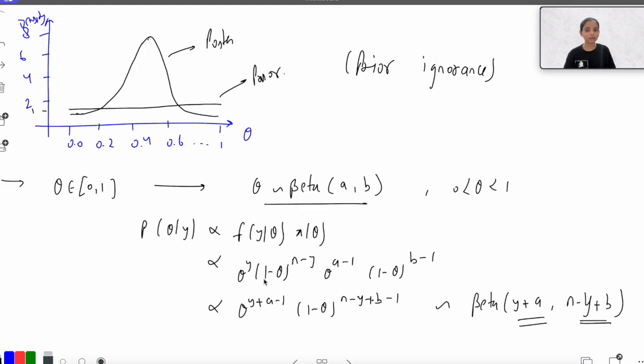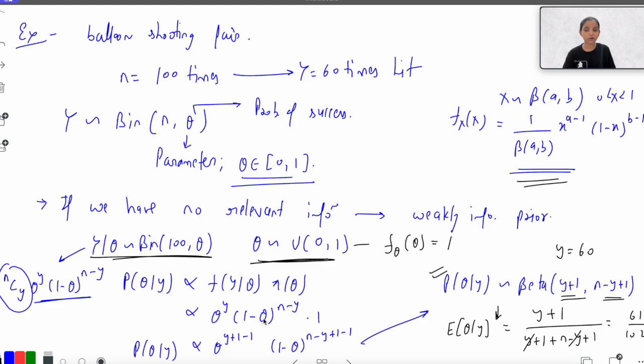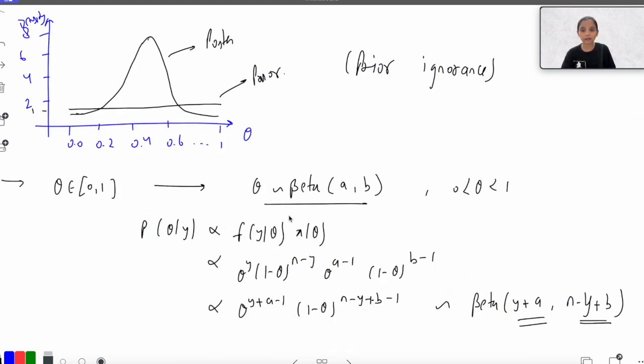Okay, and the distribution that you just have studied is a very important distribution, and that is one of the priors that you will see later. If you are having f of y given theta following binomial n comma theta, theta following beta a comma b, and probability of theta given y, at that time the posterior is following beta y plus a comma n minus y plus b.